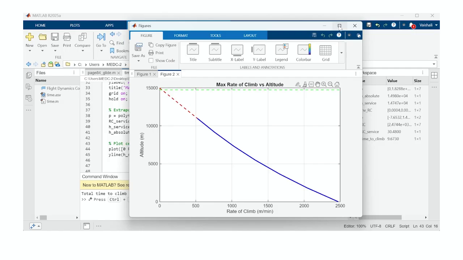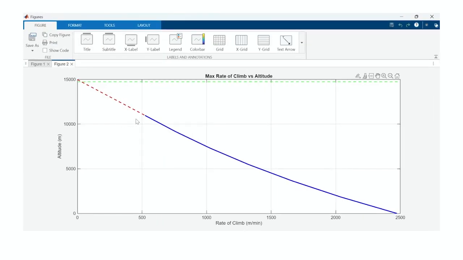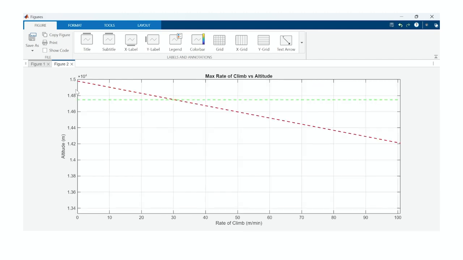All right, now this is the altitude. You can actually see over here. If I zoom here, all right, so this is here, it is actually 0. The absolute ceiling is 14,980 meters.